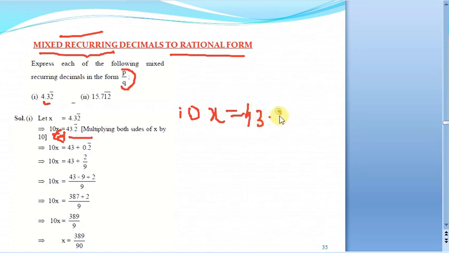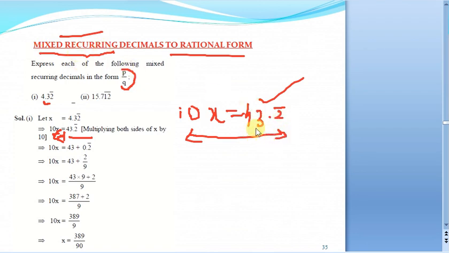Now see here, just observe this equation, what it is exactly. Just forget this 10x. Is it pure recurring or not? First of all tell me. Yes. Why? Because only 2 is there and the 2 is itself repeating. So the best way is going to be first converting your mixed recurring into pure recurring.